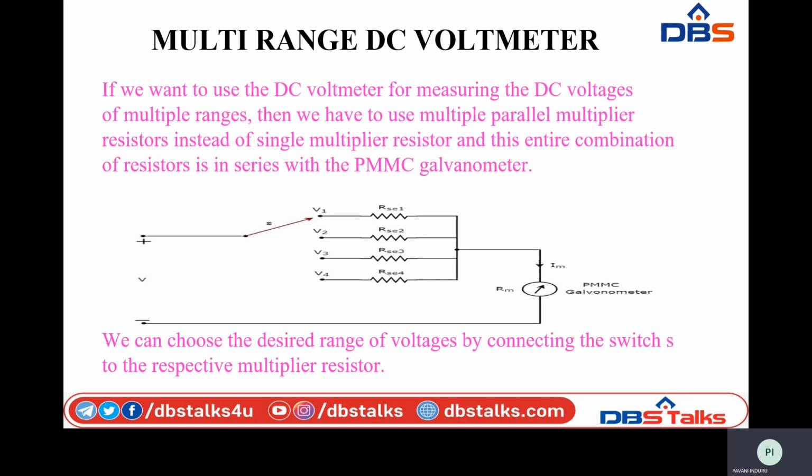Here the switch we are going to use is make before break. Before breaking the circuit, it makes contact with the particular resistor and limits the current flowing through the PMMC galvanometer, so that the circuit can be protected from electrical damage.